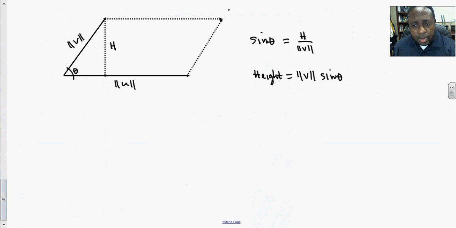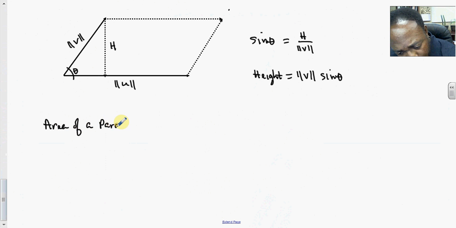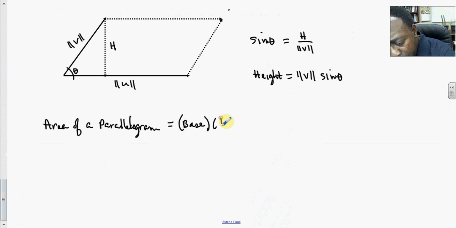So the area of any parallelogram is the same whether it's a square or a rectangle. It's the height times the base. So here, this is equal to the base times the height.